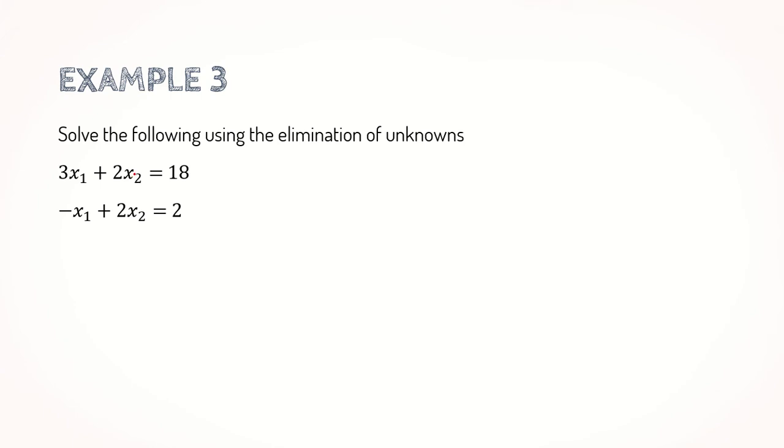From equations 5 and 6 that we derived previously, we get the value of x1 as 2 times 8 minus 2 times 2 divided by 3 times 2 minus 2 times negative 1, which is around 4.